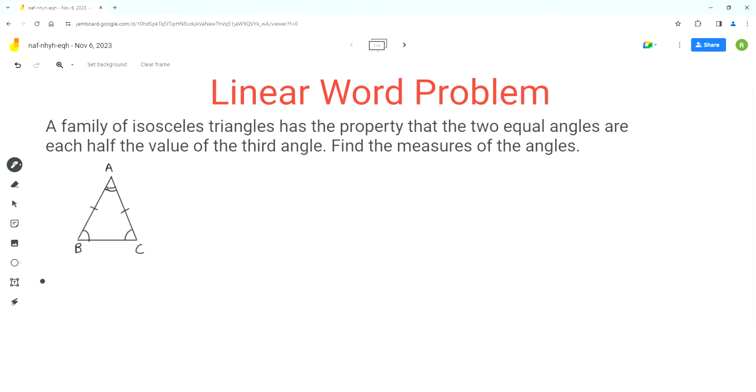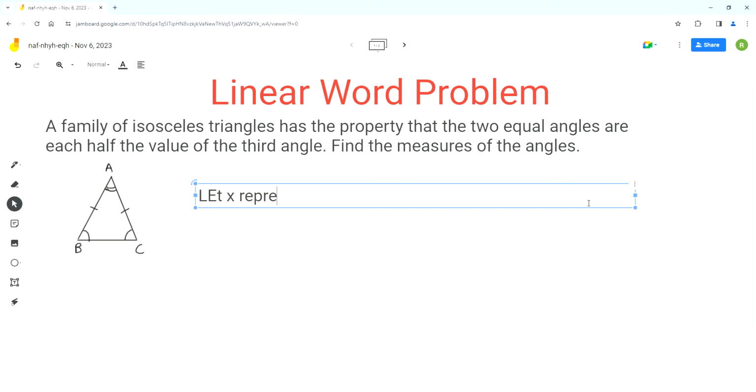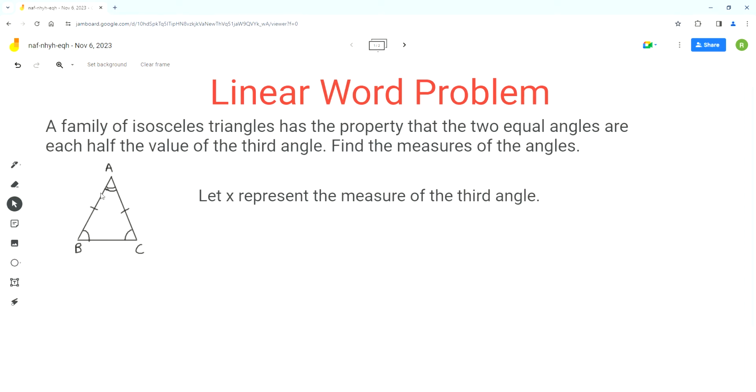So we can write a let statement for a variable that represents the third angle in this triangle. That's the angle A. So let x represent the measure of the third angle. So in our diagram, we can label this angle A as x.